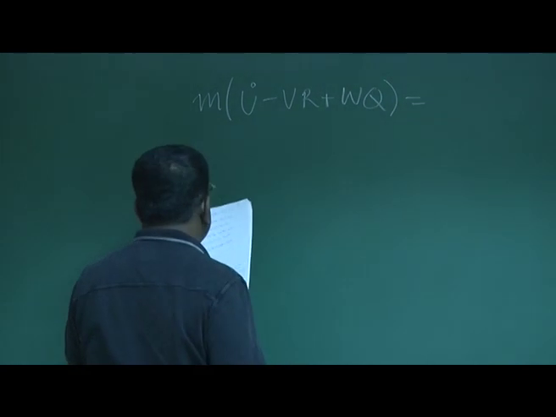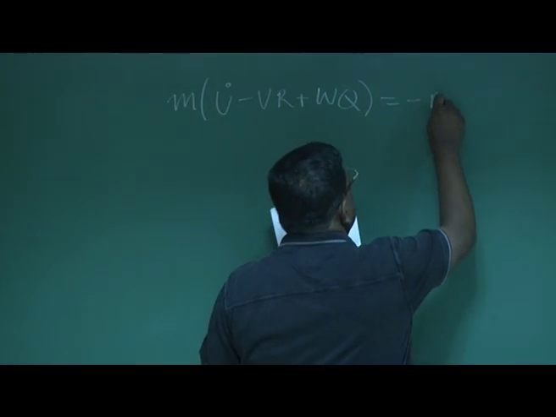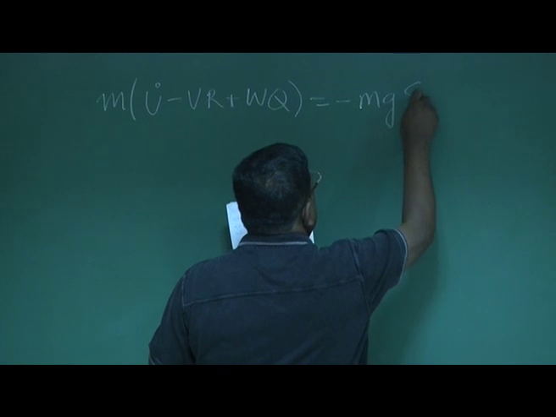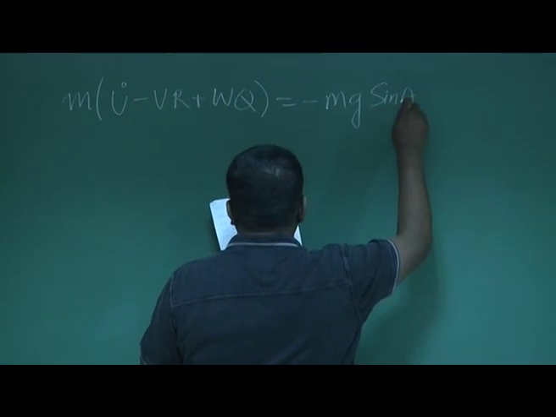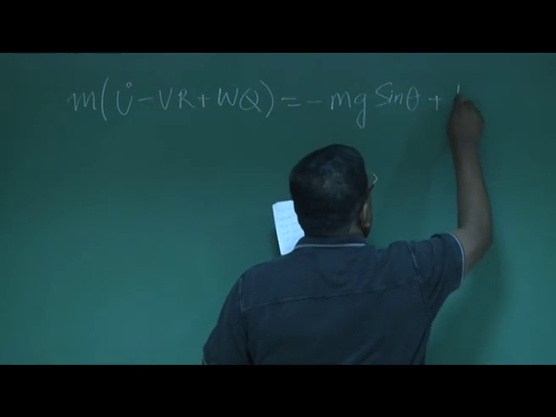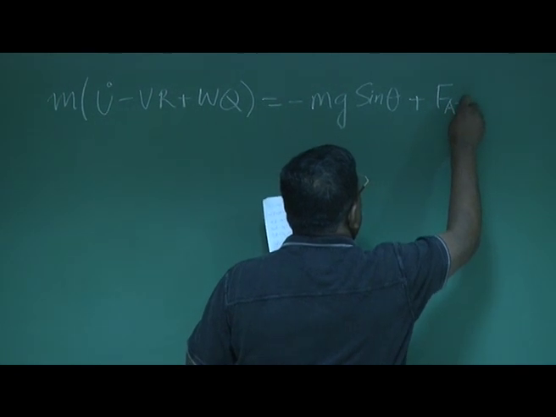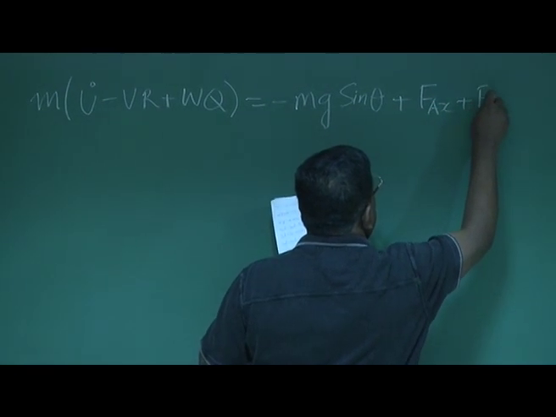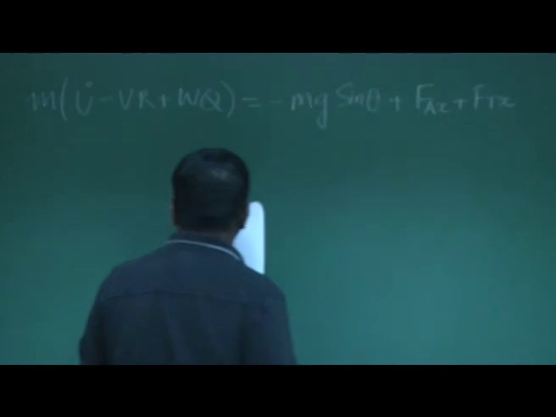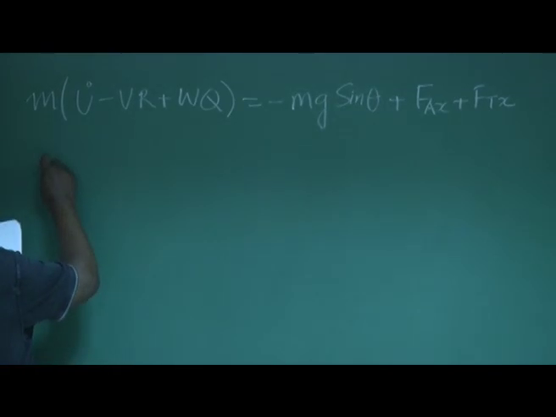m (u dot minus vr plus wq) is equal to minus mg sin theta plus FAX plus FTX. I will explain all these terms, and we are already knowing this. Still, I think I must explain.